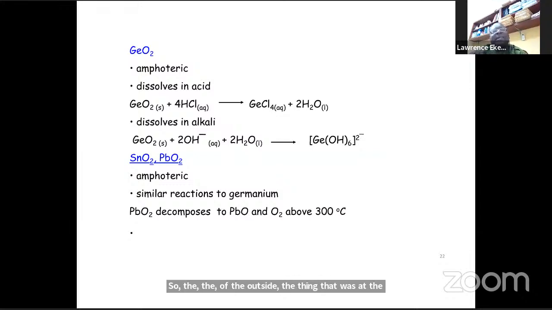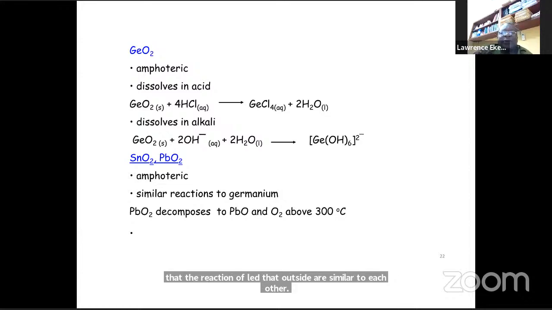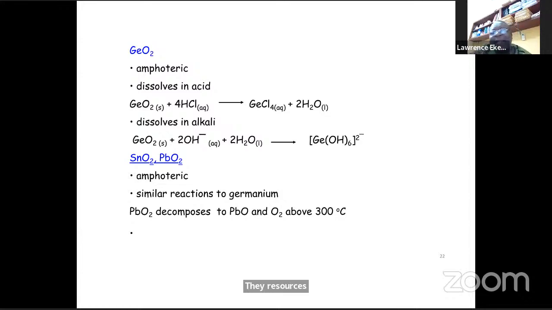They can dissolve in an acid, and they can also dissolve in an alkali. So their reactions are similar to each other. They dissolve in an acid, and they also dissolve in an alkali.